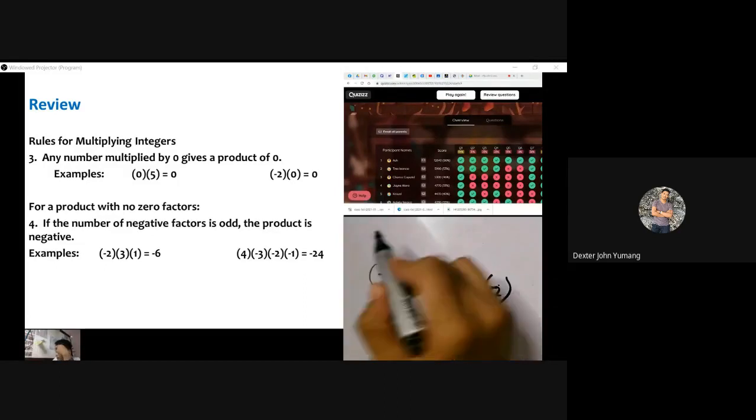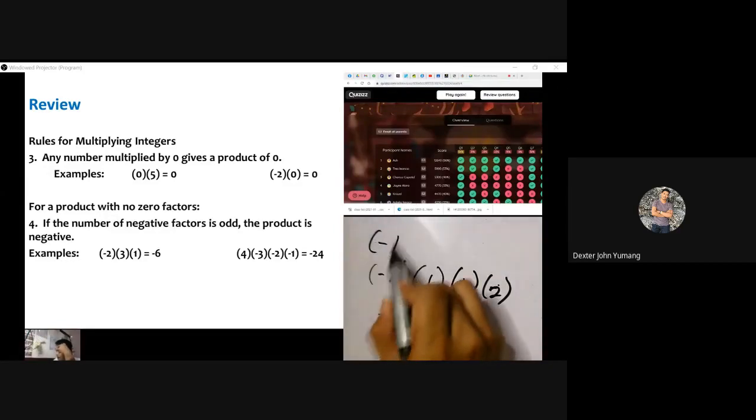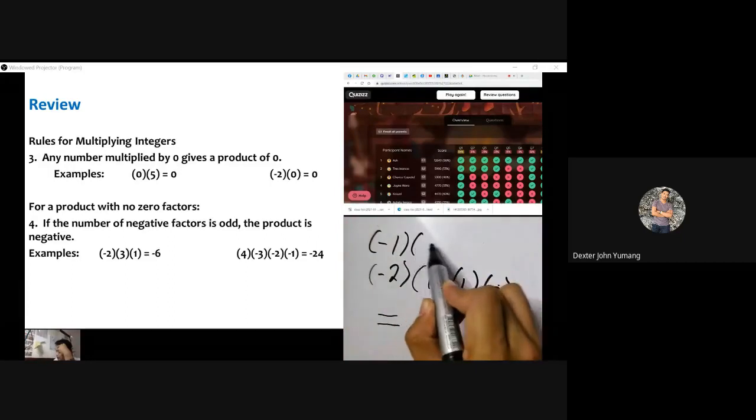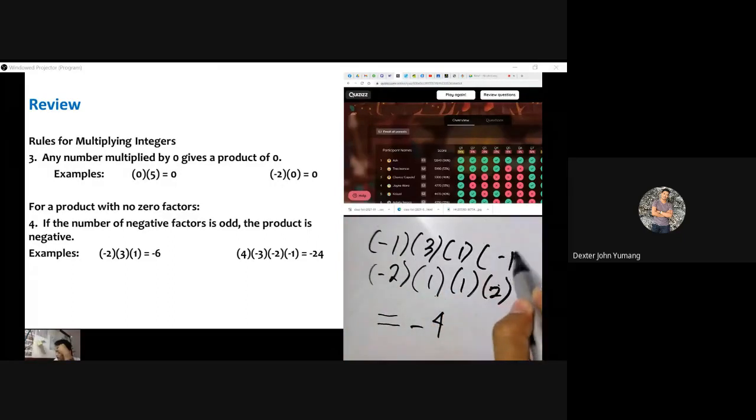Kapag dalawa naman po ang negative, negative pala dyan, kasi isa lang po ang negative. Kapag dalawa naman ang negative, tulad dito, negative 1, 3, 1, tapos negative 1 ulit, tapos 3. Kapag ganyan po ang case, dalawang negative, negative 1, 3, 1, negative 1.